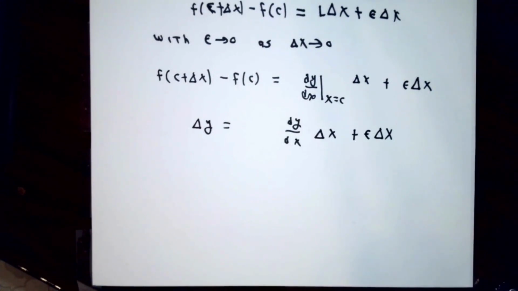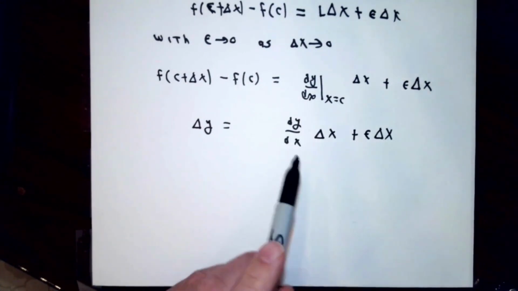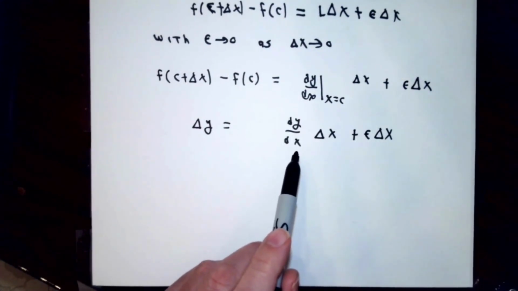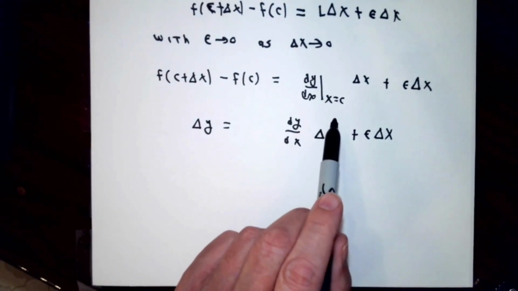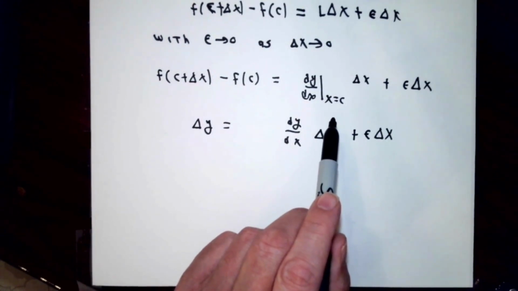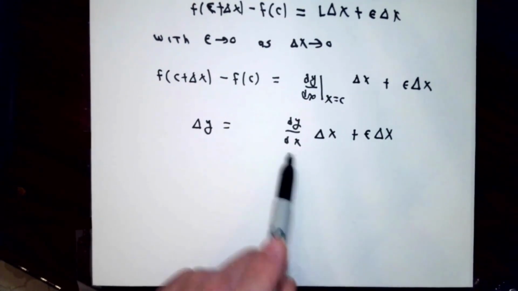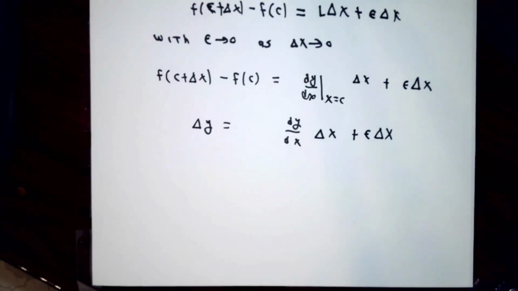Being slightly sloppy with the notation, I write dy dx without specifying that this is an actual number. It is the derivative of f evaluated at x equals c. We'll just understand that.